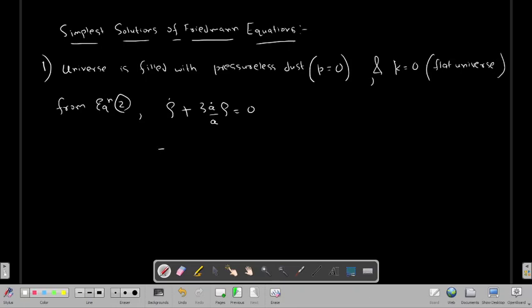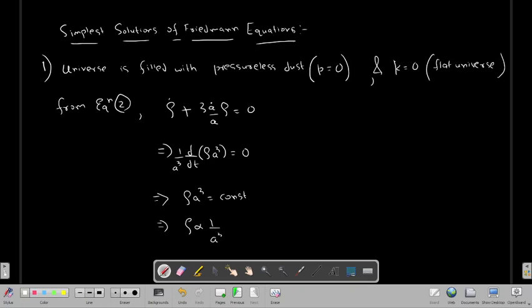I can also write this equation as d by dt of 1 by a cubed times rho into a cubed is equal to 0. From this I can write rho into a cubed is equal to constant. So rho is proportional to 1 by a cubed.